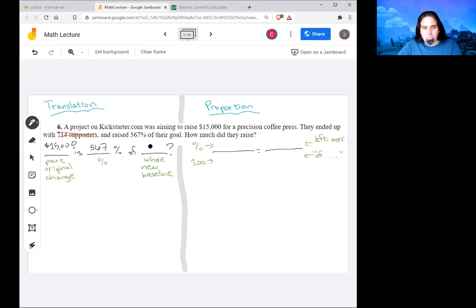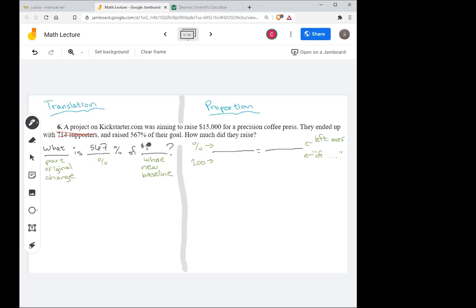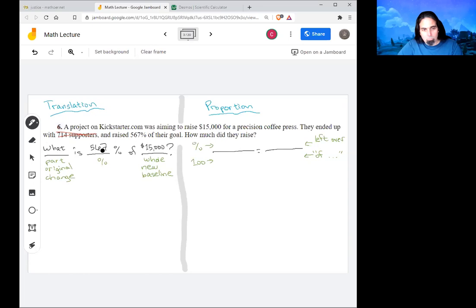So that's not what's happening. They're about a whole lot more than their goal. So this is the thing that will become the y. But for now, let's just keep it a what. And then 15,000. So what is more than 5 times 15,000? That's the situation we have. Does that make sense now? Yeah.